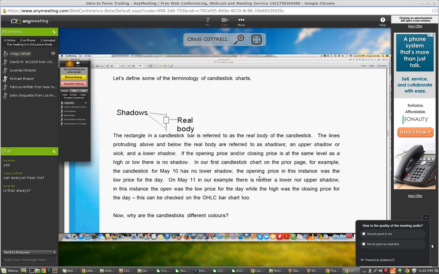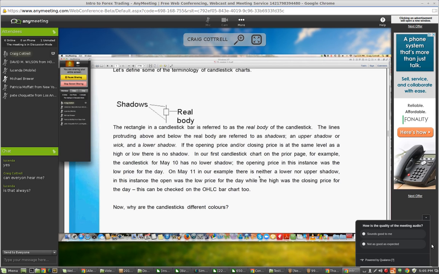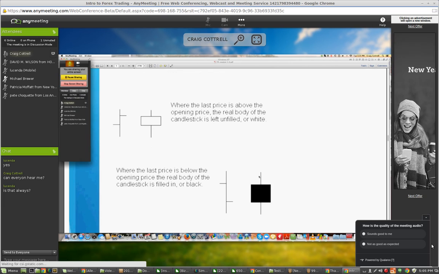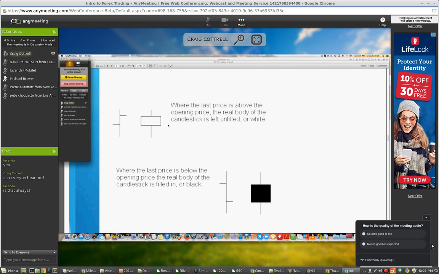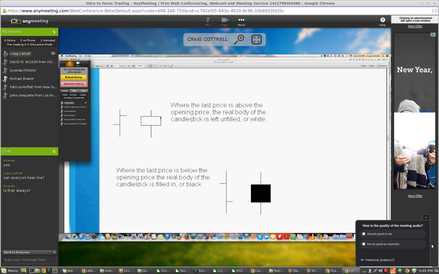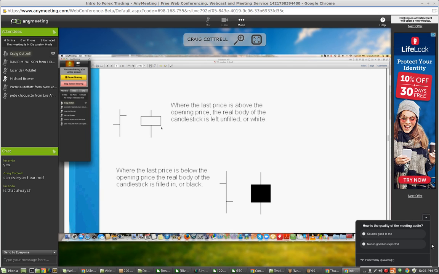Now, why are the candlesticks different colors? Typically, you either see black and white candlesticks or red and green. We use red and green. In this example, we're using white and black. White signifies a price that increased, so the price closed higher than where it opened.